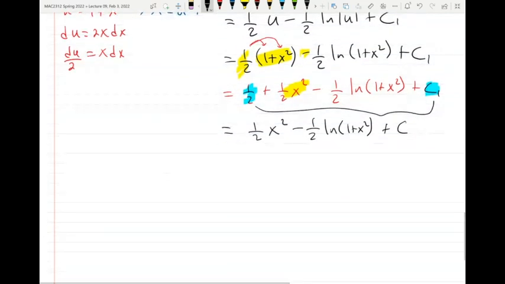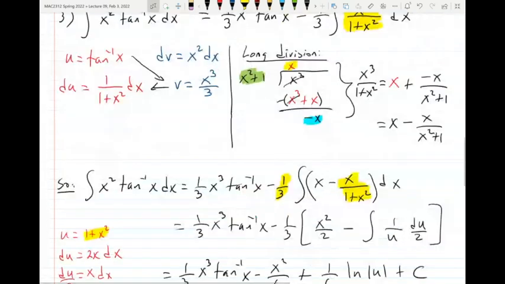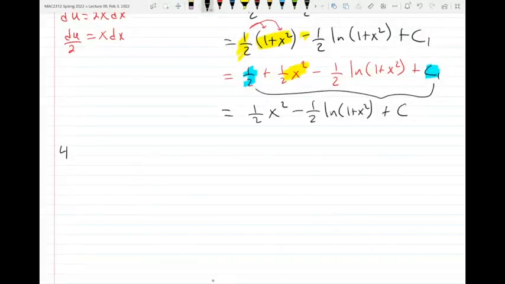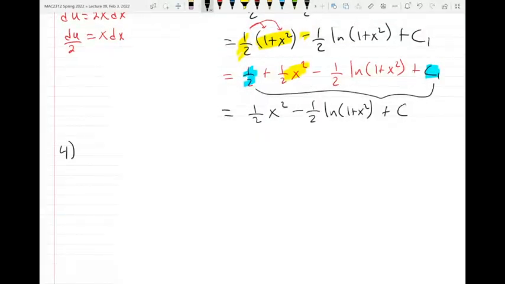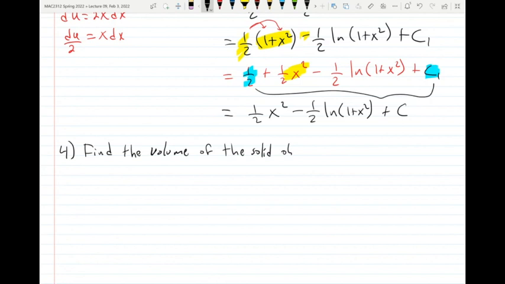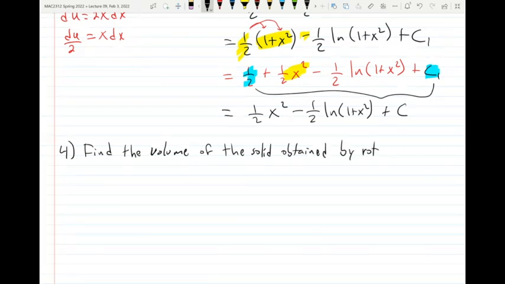So let's do a volume problem, okay? This way we practice more volume. Find the volume of the solid obtained by rotating the following region.